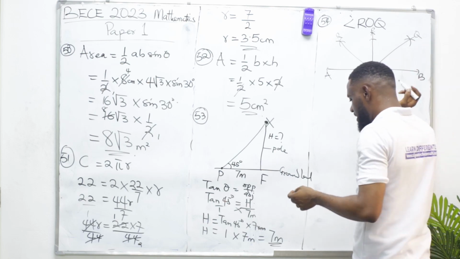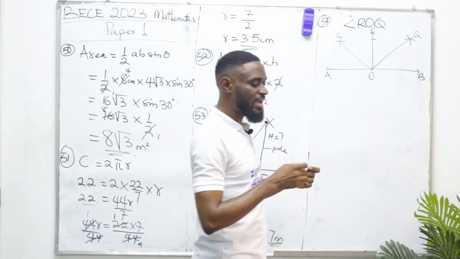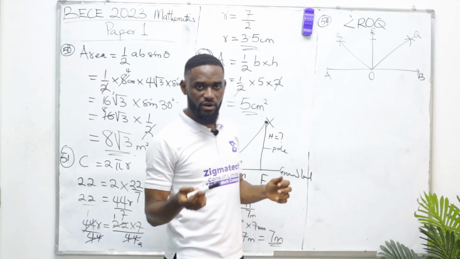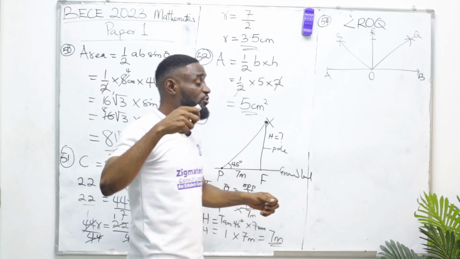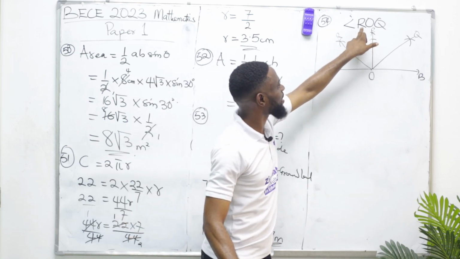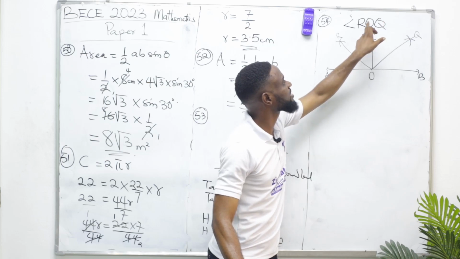ROQ, right? Now, when you are asked to find an angle from a figure, you have R, O, and Q, these three alphabets.